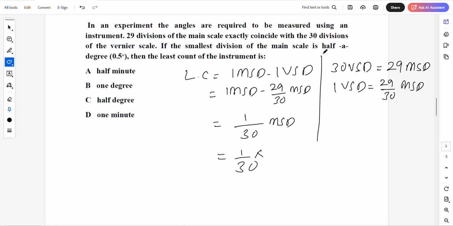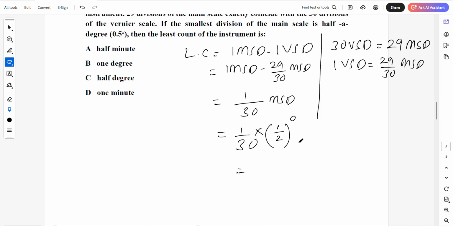If the smallest division of the main scale is half a degree, you have to multiply by half a degree, 1 by 2 degree. That is equal to how much are you going to get? 1 degree divided by 60. Now, 1 degree is equal to 60 minutes.